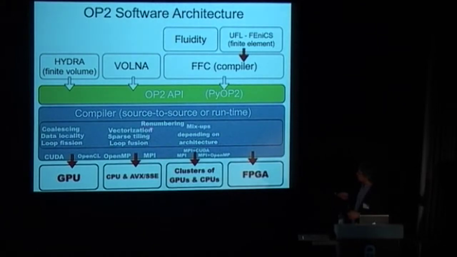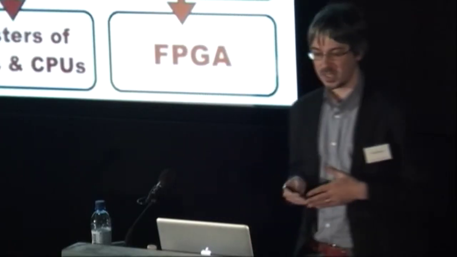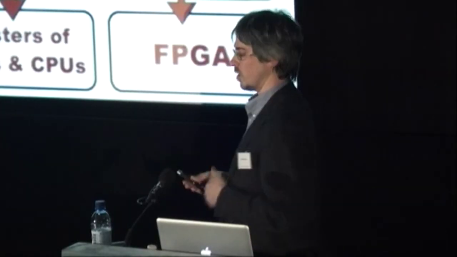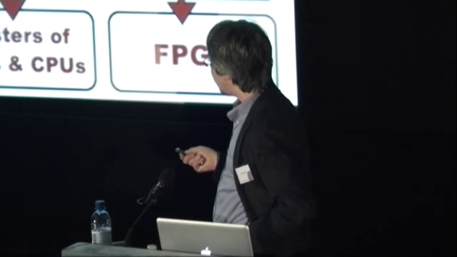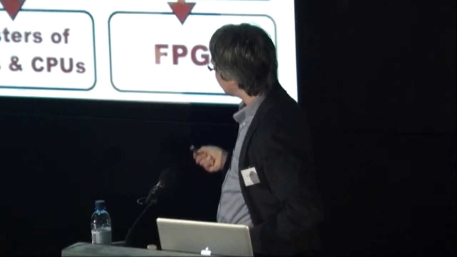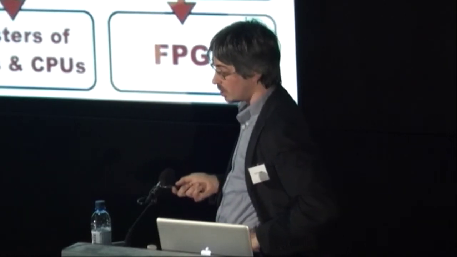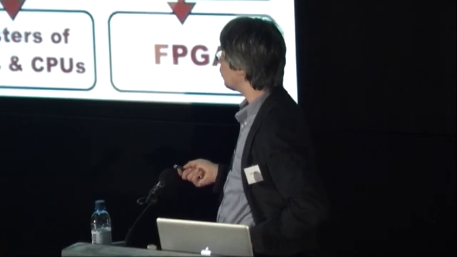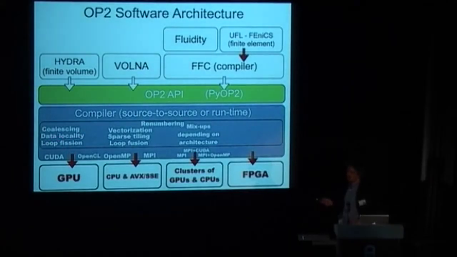Optimizations: there is this standard thing to do in unstructured meshes, which is called renumbering, which fundamentally improves the data locality whenever you try to access the mesh data. And then we have got different kinds of optimizations depending on the target architecture. So for instance, on GPUs, we do global memory access coalescing. We do data locality through shared memory. There is also this loop fission I'm going to talk about later.